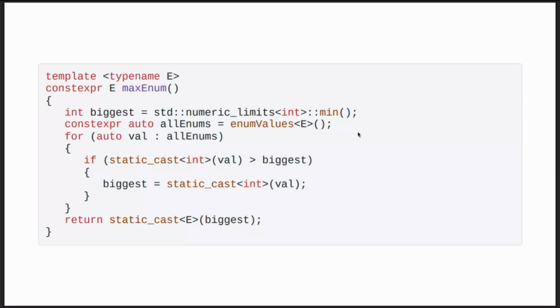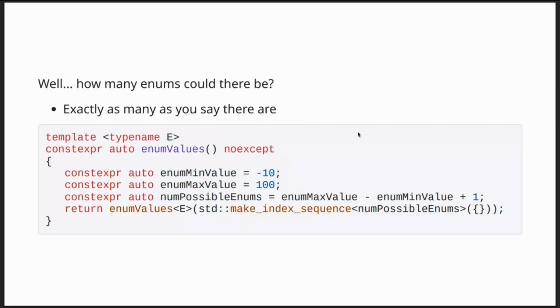Which doesn't necessarily have to actually be correct, but it is in our case. You can define an enum to be smaller than numeric limits int min, but we are limiting our search to a relatively small area for a good reason. And so, okay, we get our biggest enum. We can figure out what the array size actually needs to be.